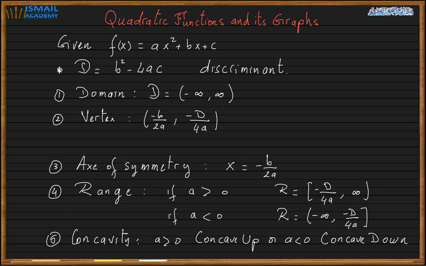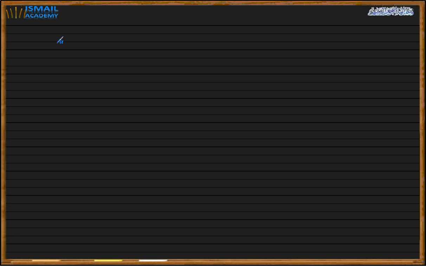And the last thing we talk about is the intercept. The y-intercept is always the point 0, c, which means x equals 0 and y is c, and c is the constant coefficient.